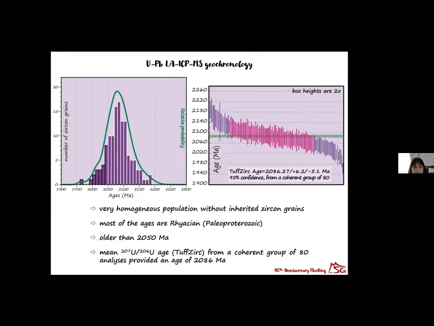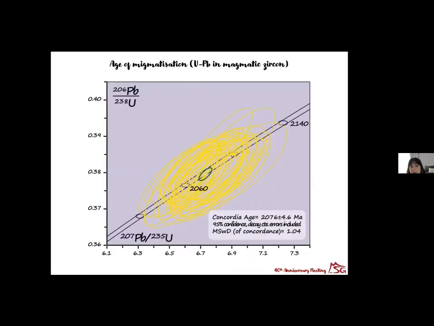And most of these ages, when we plot them in several diagrams, appear to be older than 2,050 million years, so Siderian ages. The mean age from a coherent group of 80 zircon grains has been estimated at about 2,086 million years. When plotting the Concordia age, we got 2,076 plus or minus 4.6 million years, and this age is attributed to the age of the migmatization.